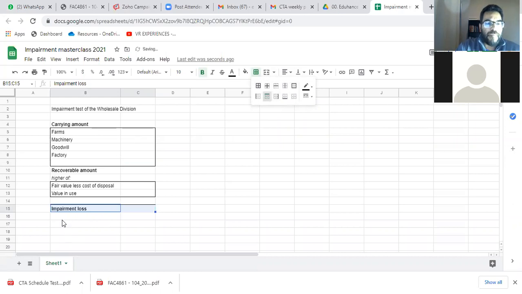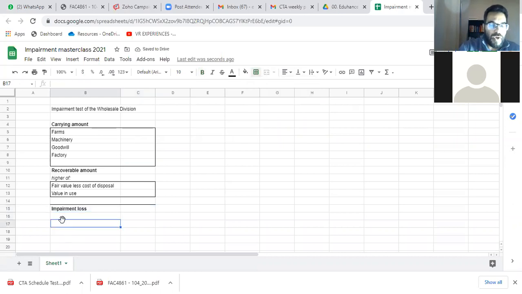Okay, once you have an impairment, then we will have to do an allocation. So the rule is as follows. You must first allocate impairment against goodwill.